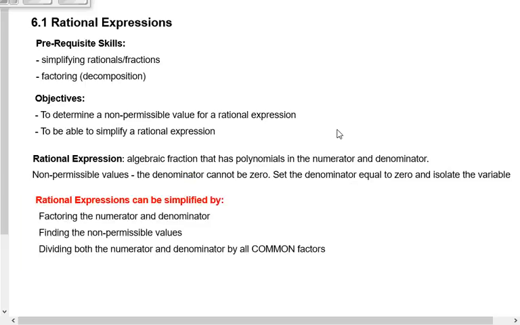When we are simplifying rational expressions, there are 3 steps. You're always going to factor the numerator and the denominator first, always. From there, you'll look at the denominator and find your non-permissible values at that point. The reason we factor first is because some of the factors might actually factor out, which would eliminate some of those non-permissible values.